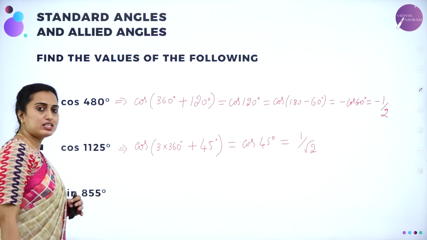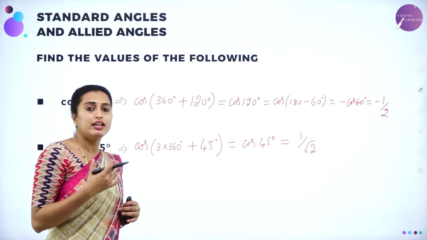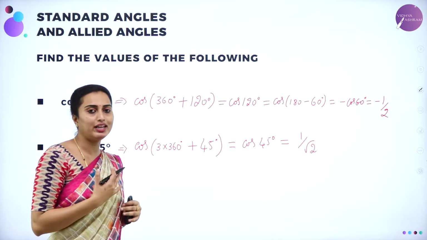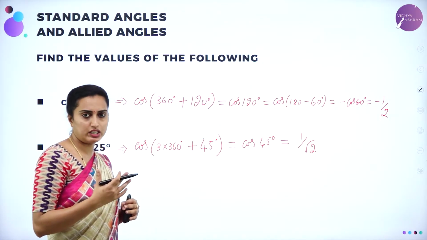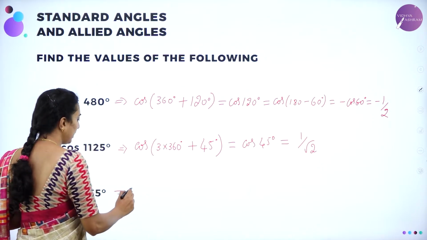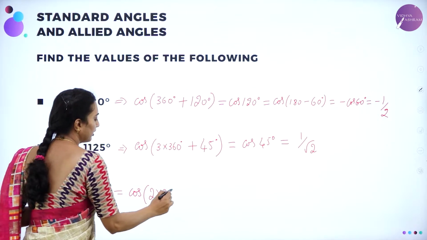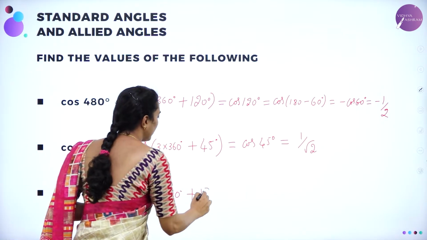They have given next sin 855 degree. So it is greater than 360 degree but lesser than 720 degree. You can take 2 into 360 degree, which will give you 720 degree. Therefore, I can write this as cos of 2 into 360 degree plus 135 degree, correct?